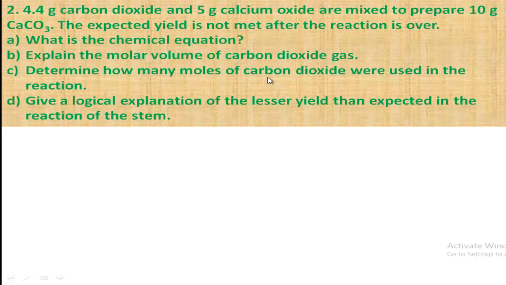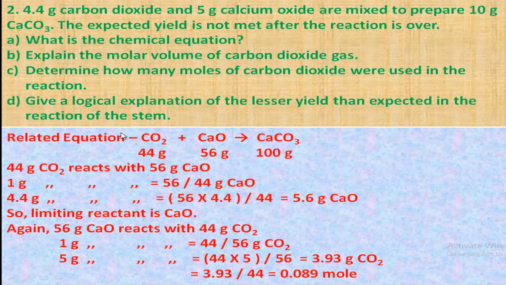Determine how many moles of carbon dioxide were used in the reaction. So at first you have to write the related equation. Here the related equation is what? Carbon dioxide reacts with calcium oxide and produces calcium carbonate. Now how many moles of carbon dioxide are used?